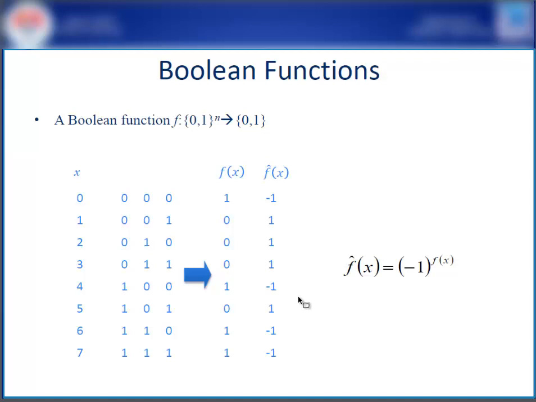Sometimes it is useful to use polar representation of a Boolean function, which is denoted by f cap. In polar representation, ones are mapped to minus ones and zeros are mapped to plus ones. The formula for transforming from the truth table to its polar representation is given here.